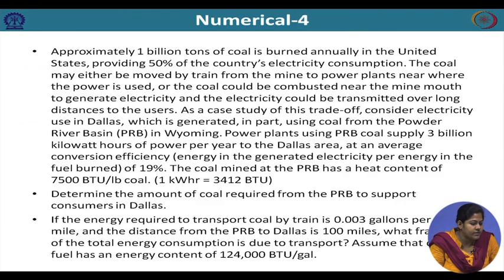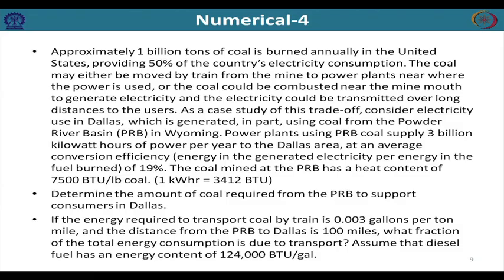Coming to our fourth numerical problem, this is a similar problem, but slightly deviated from the previous one. Here, in the Dallas area, it has been said that the coal supply is from the PRB. So we have to calculate the coal requirement to support the consumers in Dallas. What is the requirement of Dallas?